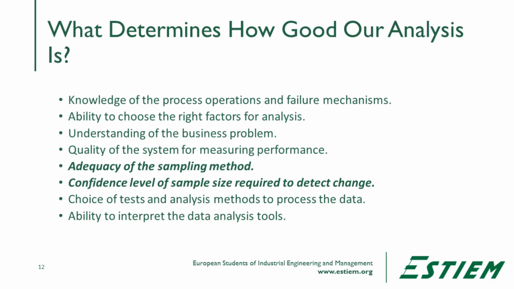That's all from the measure phase. From the analyze phase, we have to understand how good the sampling method is, and what confidence level we can get from this sample size in terms of the ability of this sample to detect change. Then we can choose the test that we want, and then how well do we interpret that test? And that's the characterization of the operations.